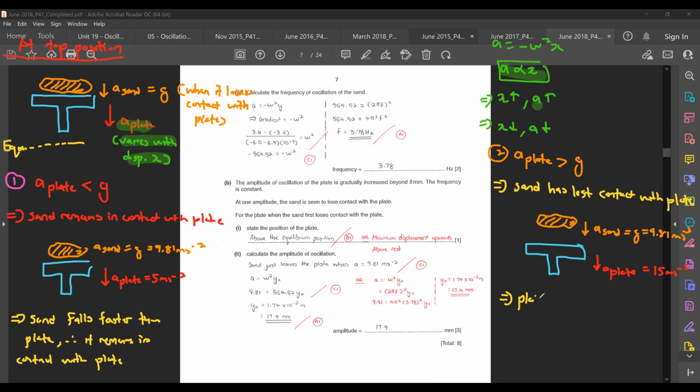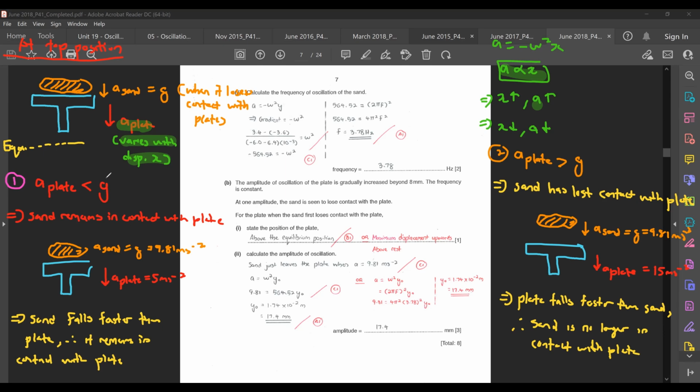So the plate falls faster than the sand. Therefore, the sand is no longer in contact with the plate. Okay, that's what you can actually see.